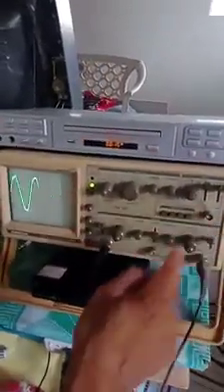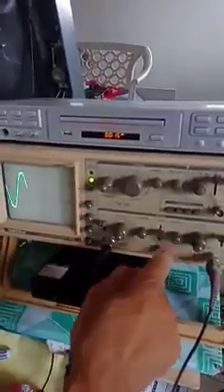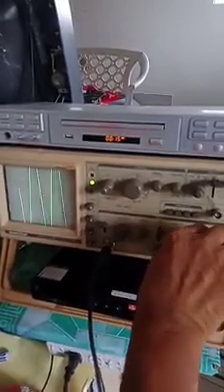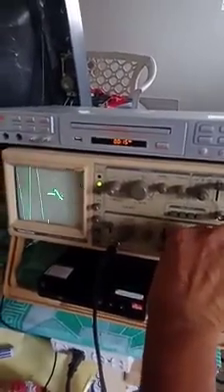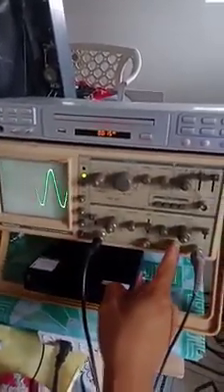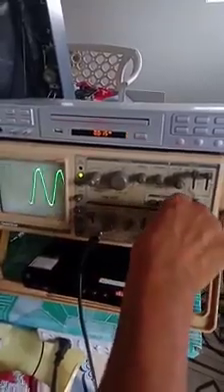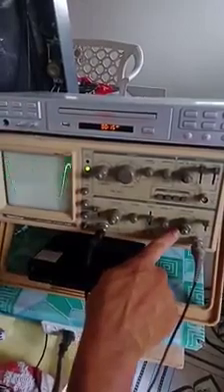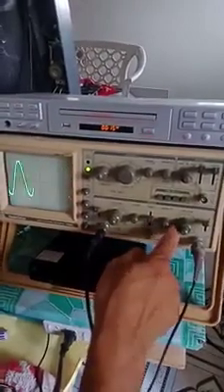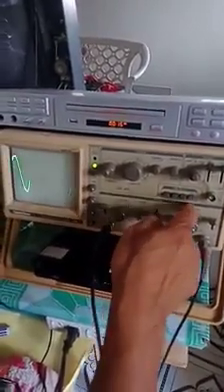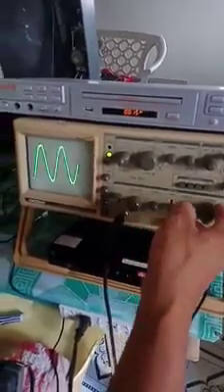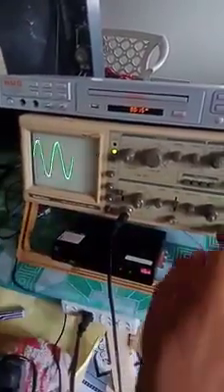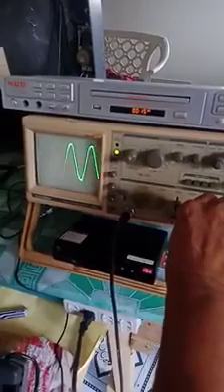So, you have to set here. This is a variable or range selector switch. When you rotate this, it varies the amplitude. You have to select the voltage ranges here. The voltage range should be at 5, because we have 5 volts, 3 volts, 2 volts, 1 volt, 0.5, 0.3, 0.2. Those are the voltage ranges to be selected.